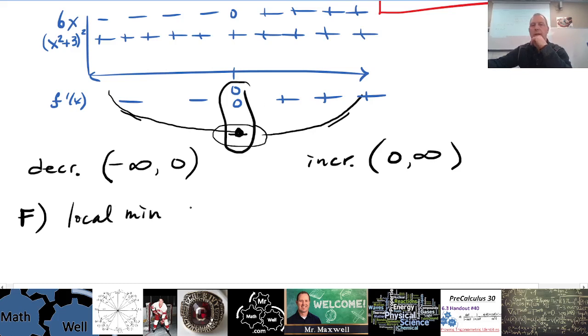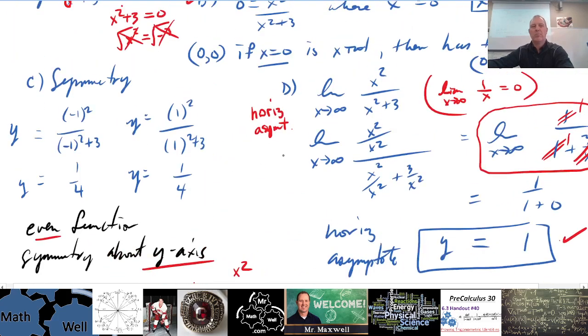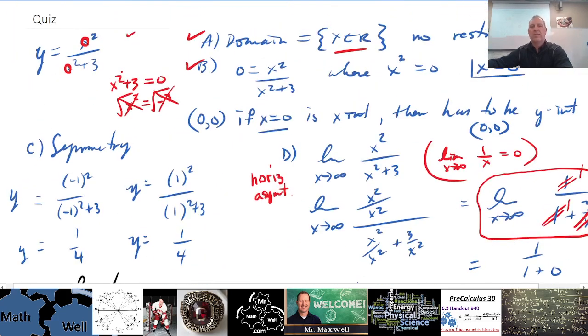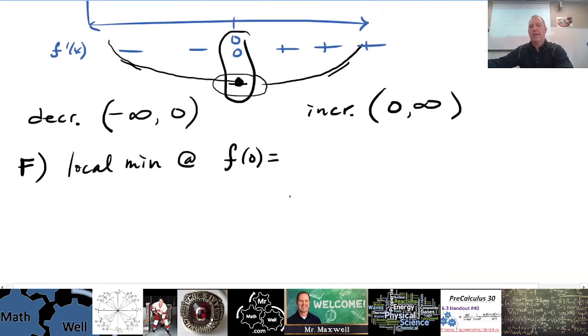So we have a local min at x equals 0. Now, technically you should name the y value as well. So this is what I prefer you to do: f of 0 equals, and then you put the x into the original function to actually get the point. So we should focus on points technically. So again, that's 0, 0, an x-intercept. So f of 0 equals 0.